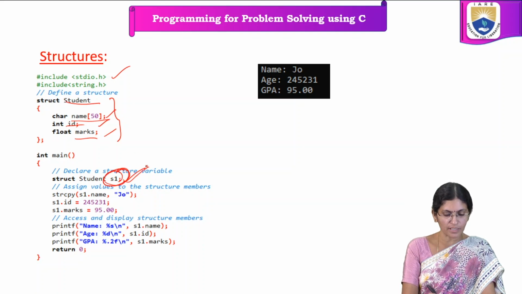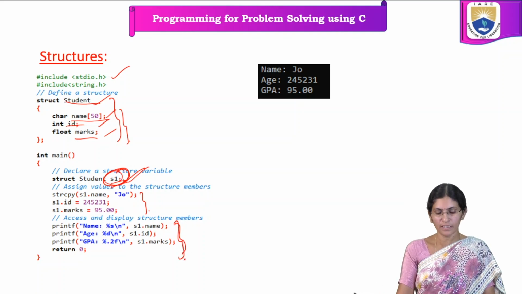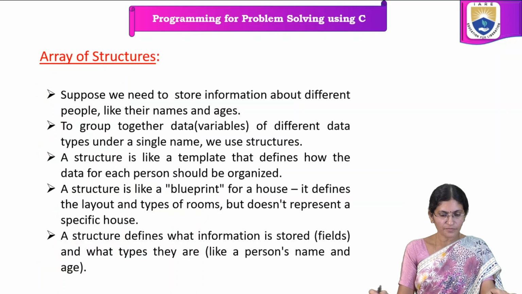Only after declaring the structure variable, memory for this structure student is created. Then we assign the values to the structure variable by using the assignment operator, and this piece of code displays the information which we have entered. Next, coming to the topic array of structures.